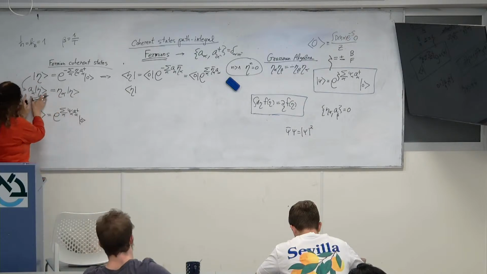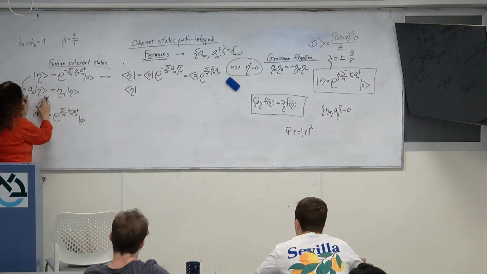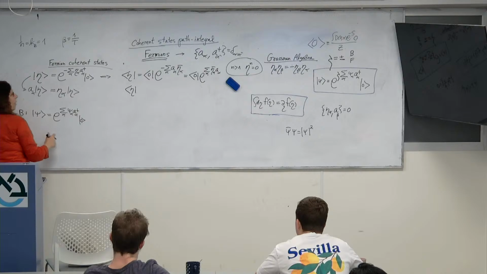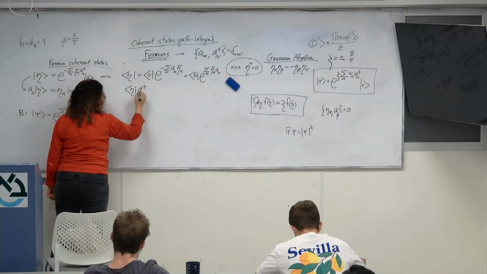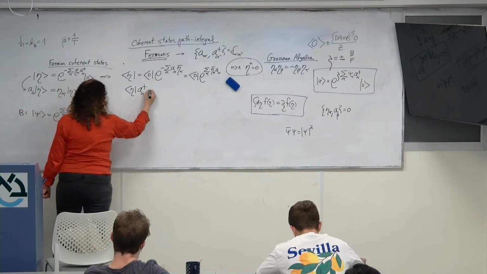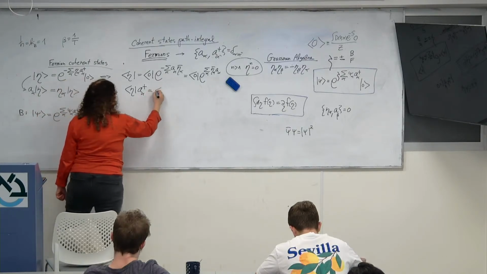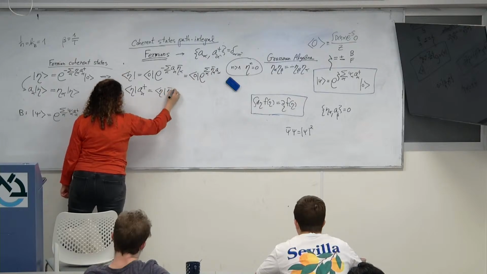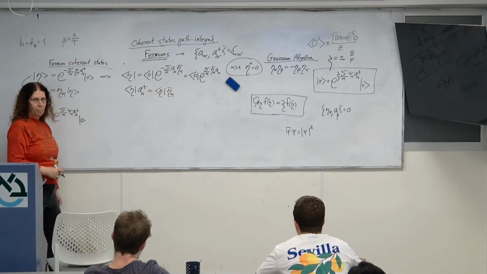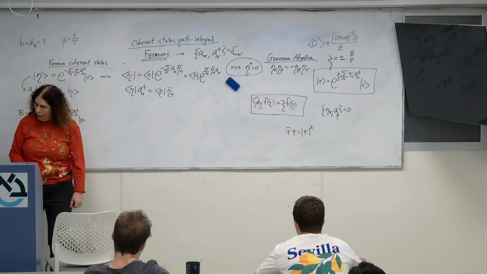If I just take this line and do the Hermitian conjugate, I get eta A alpha dagger equals eta bar. Okay.